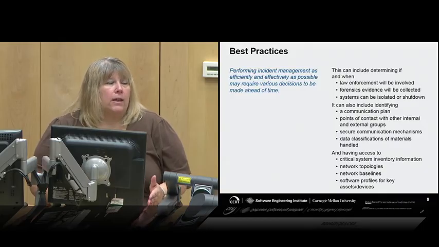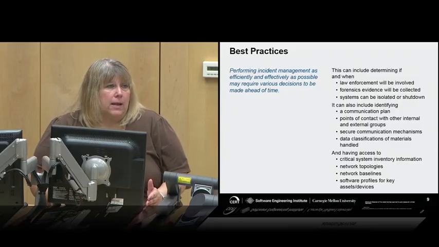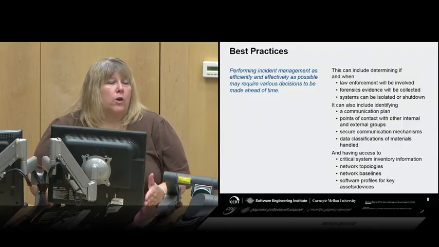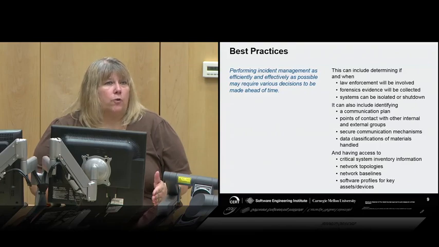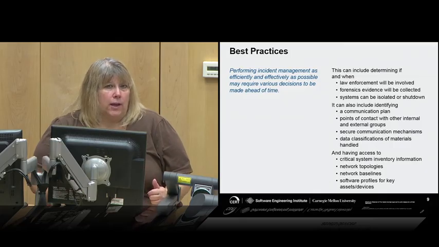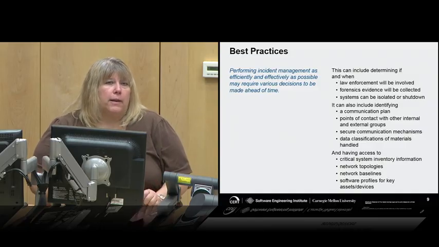Then ensure that you have not only the right secure communication mechanisms in place, but also secure storage facilities, whether it's secure areas for communications, secure phones, secure faxes, or other secure communication mechanisms, identified and in place ahead of time.